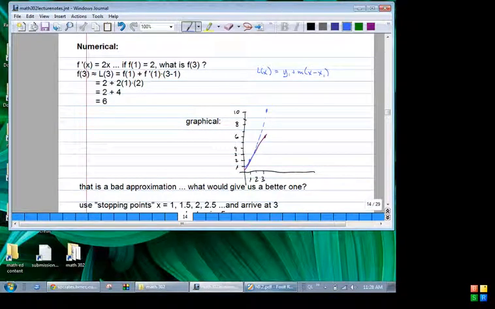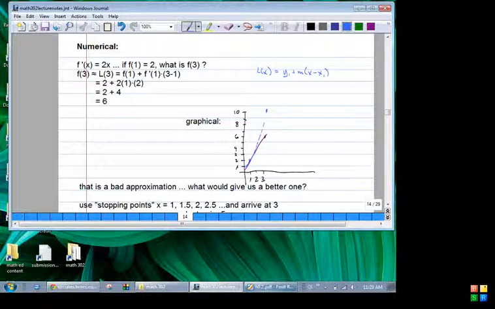So let's stop and correct our path every half unit. Starting at 1, we're going to use a slope of 2. But once we get to x equals 1.5, I want to correct my slope. Then once I get to x equals 2, I want to correct my slope. When I get to x equals 2.5, I want to correct my slope, etc., etc.